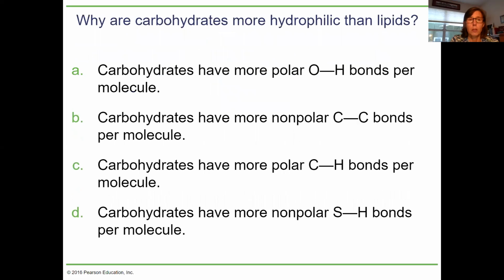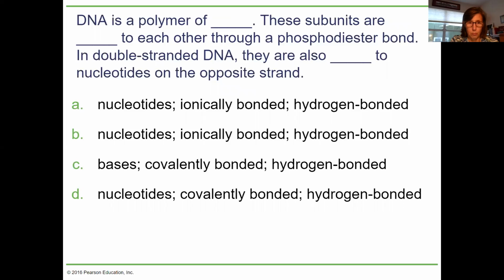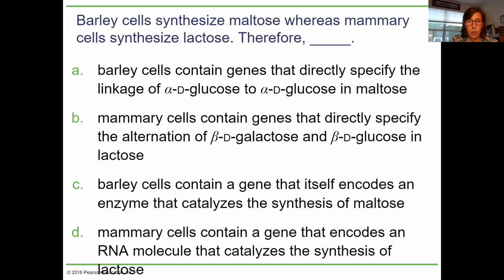I think this is the last one. To answer this question, you have to know what maltose and lactose are. And I'm not going to tell you that, but you can figure that out.